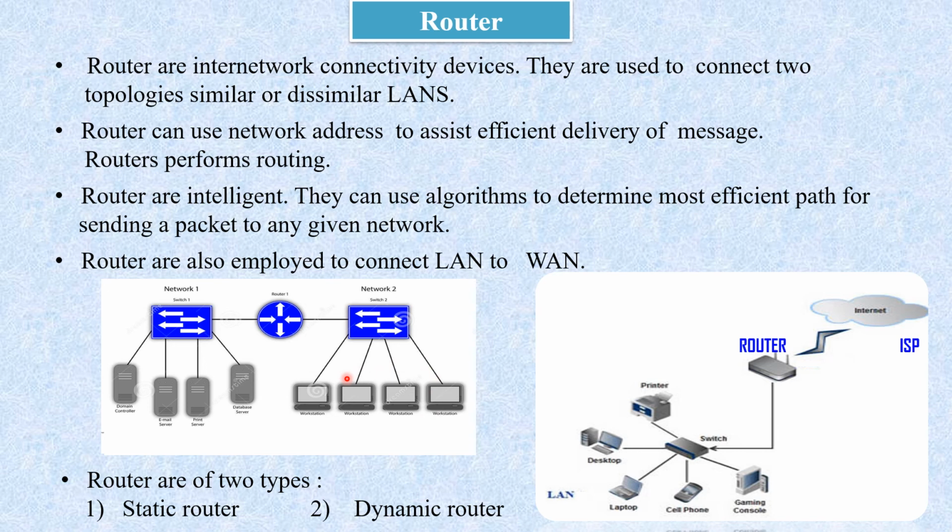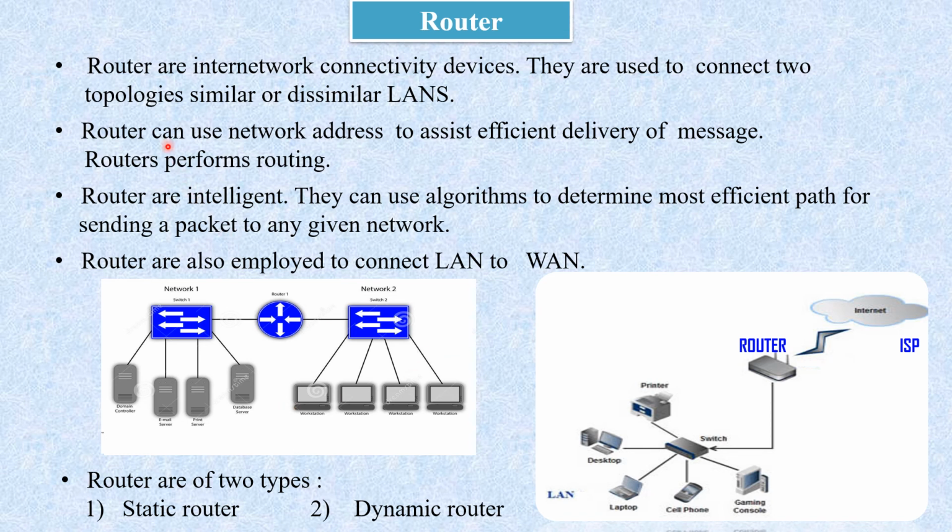This communication cannot be established using a hub or switch, because a hub or switch connects devices belonging to the same network. We need something to connect two different LANs, and the solution for this is the router.